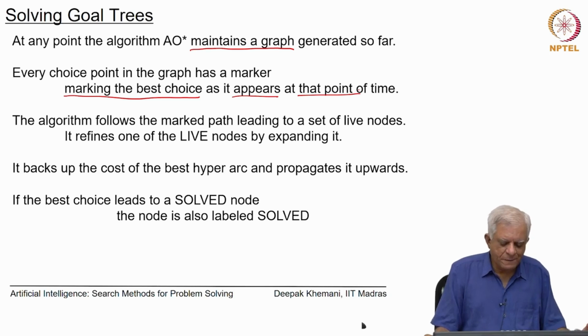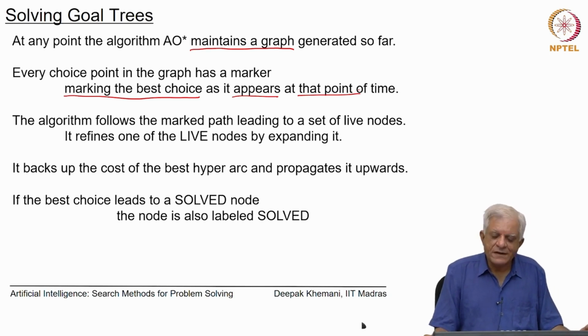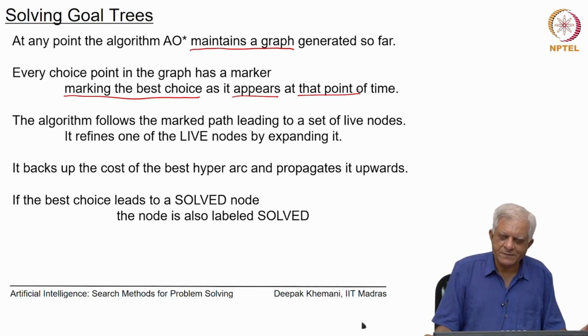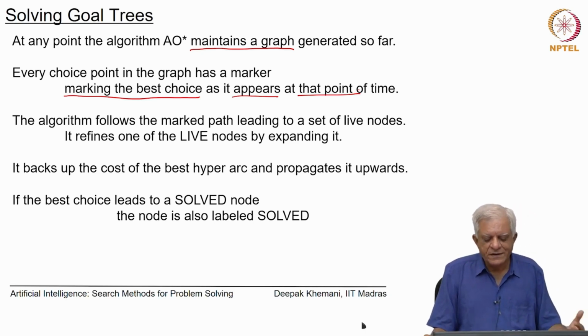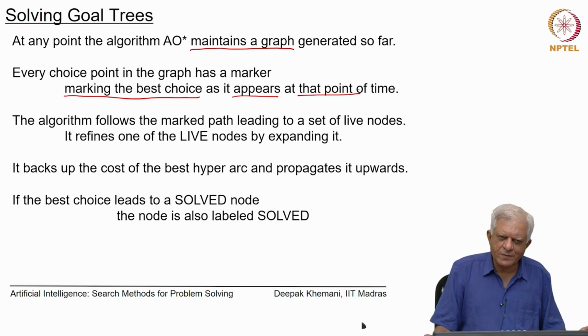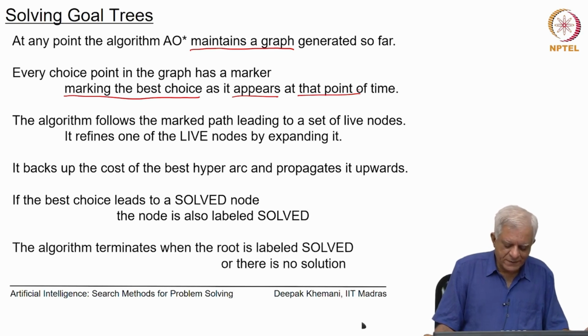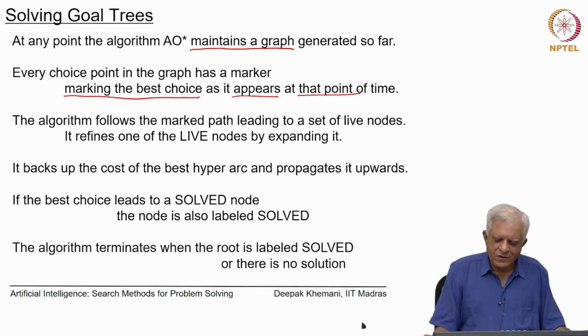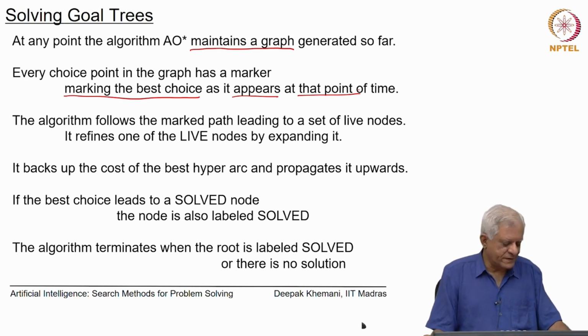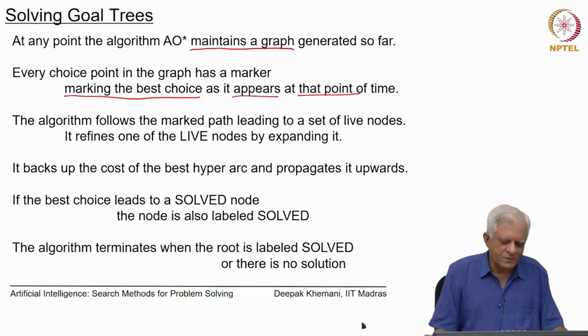In this way, the label solved will propagate upwards into the graph. Again, this is similar to what was happening in the SSS star algorithm, where we propagated solved nodes from leaves towards the root. The algorithm will terminate when the root is labeled solved or if there is no solution, and again this termination criterion is similar to what we did in SSS star. As we look at the algorithm, you can compare and contrast it with SSS star.